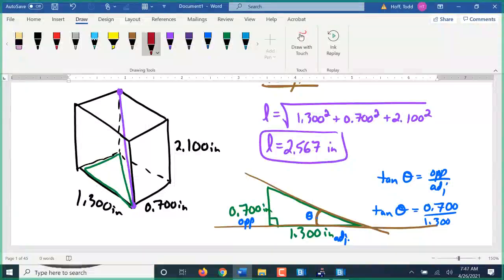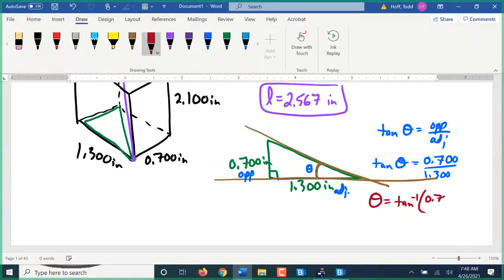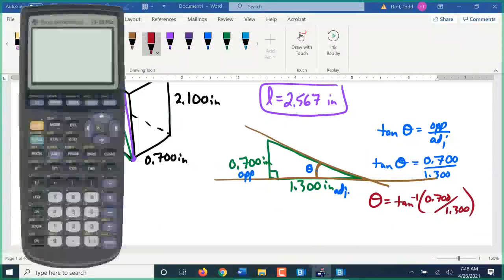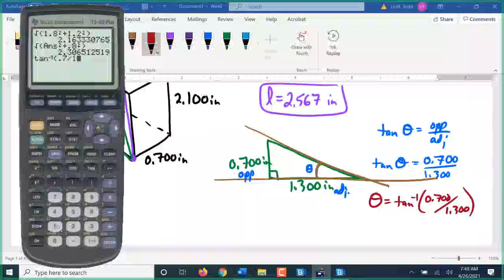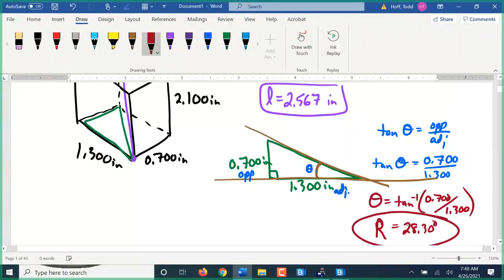How do we find that angle? Inverse tangent, very good. Inverse tangent of 0.7 divided by 1.3. 28.3? That is R, the angle of rotation.